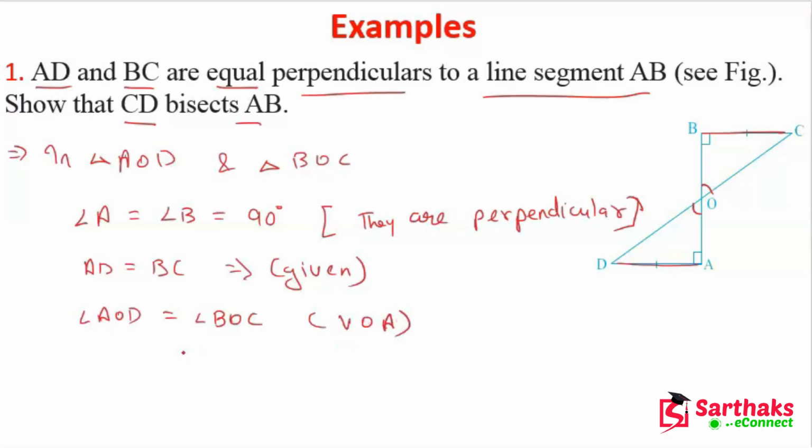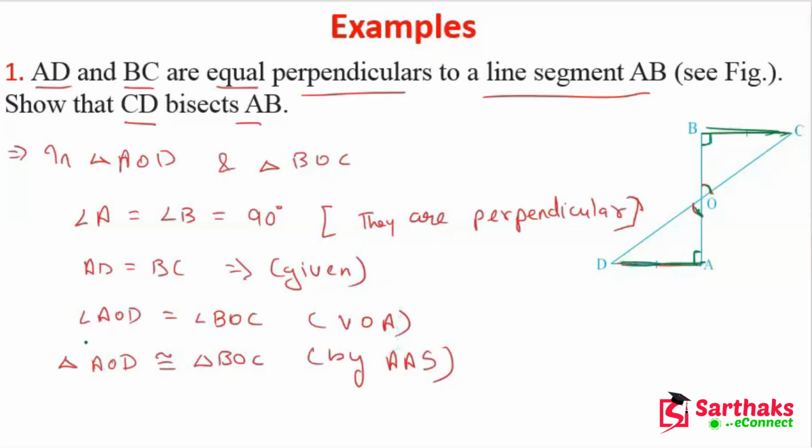So we can say that triangle AOD is congruent to triangle BOC. By what? By the AAS rule. Here you can see that this angle is equal to this angle, and this angle is equal to this angle, and this side is equal to this side. So here it is the angle angle side rule. Got it, my dear friends.